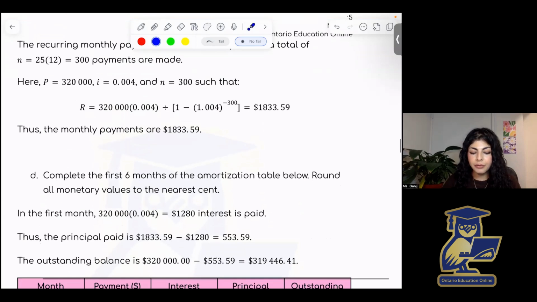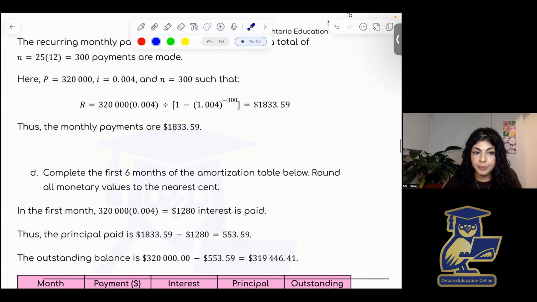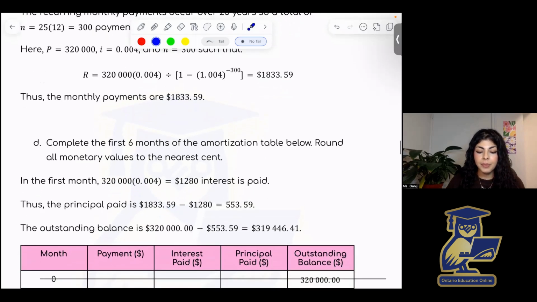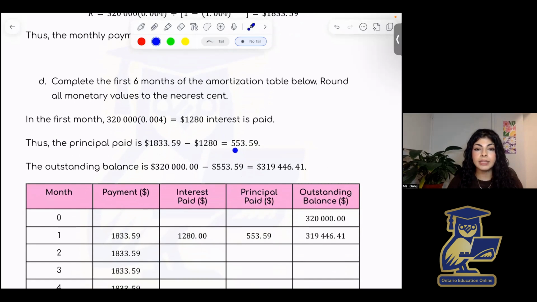So now we're asked to complete the first 6 months of the amortization table, and all values should be rounded to the nearest cent, so 2 decimal places. In the first month, from the $320,000, if he is charged that 0.004 interest, then that's approximately $1,280 of interest, which means that of his monthly payment from up here, $1,833.59, if we subtract the interest, then he pays $553.59 of the principal.